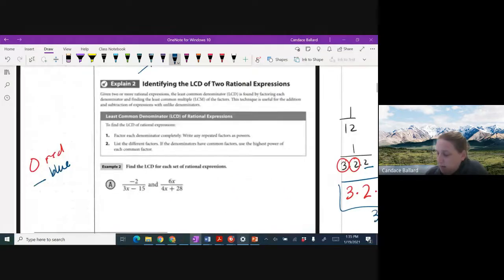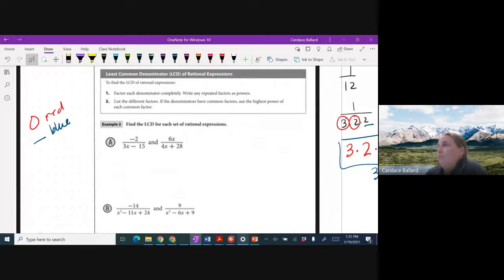Let's take this back to Algebra 2. First thing I'm going to have to do is factor the denominator. I am seeing in this first one a greatest common factor of 3. So I'm going to pull the 3 out. I'm going to keep the -2 on the top. Tell me what's left behind when I take out the 3.